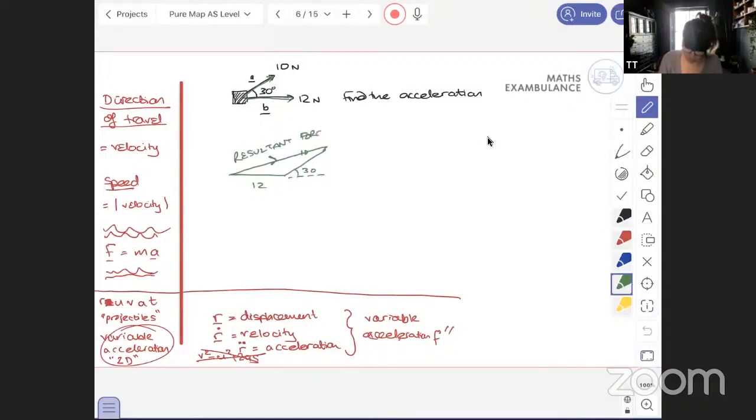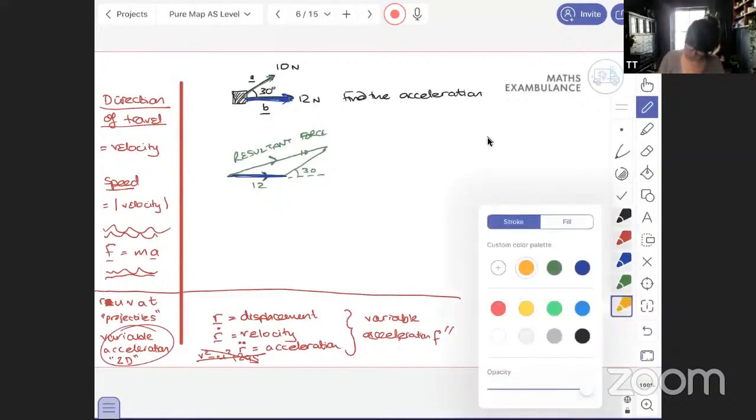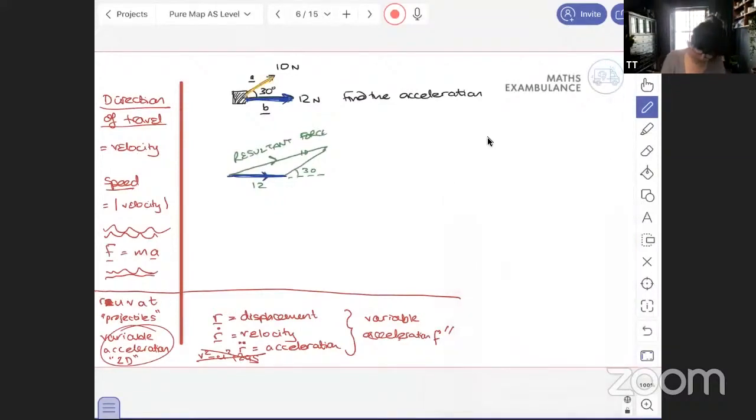The resultant force is like the total overall effect. So if I do this guy there, and then I also do this guy, then the resultant force is the one going all the way through the middle.